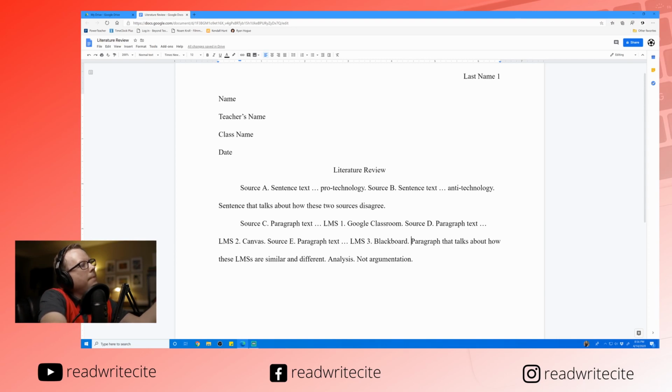But that's another example for what synthesis might look like. Synthesis is a combination of information. It's not separating information. Okay? And that's one thing I want to make clear. You are looking at how things relate, how they are similar, how they are dissimilar, and what that tells us.